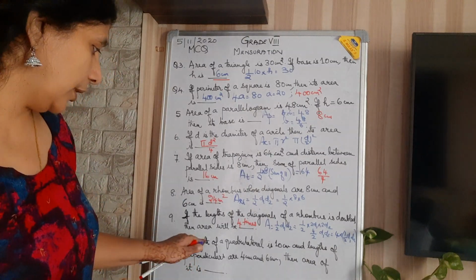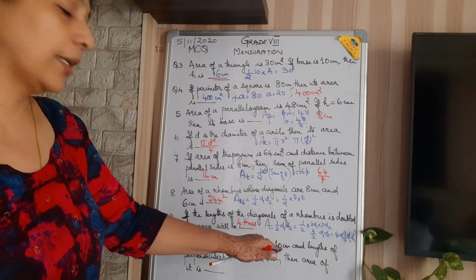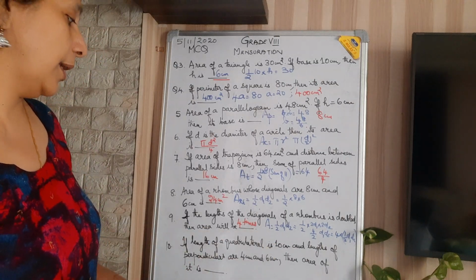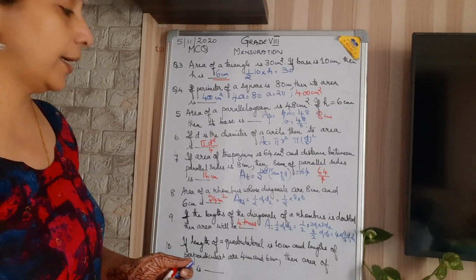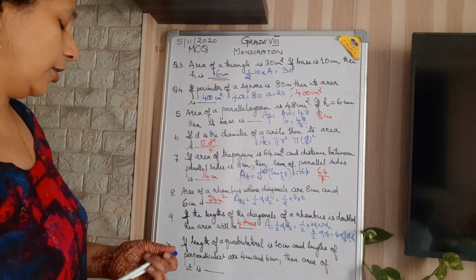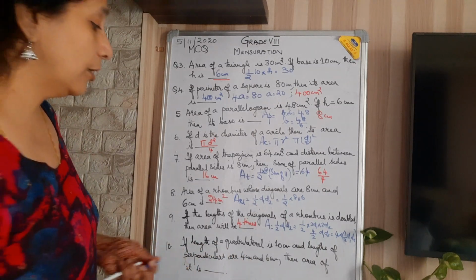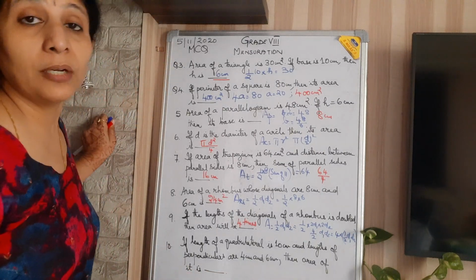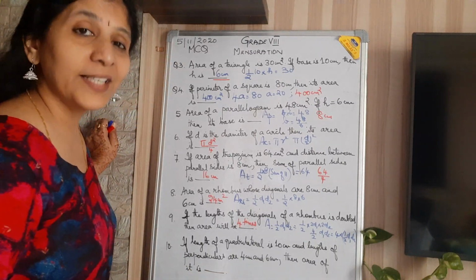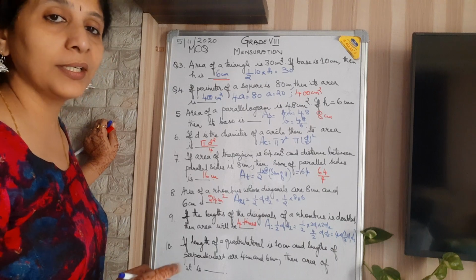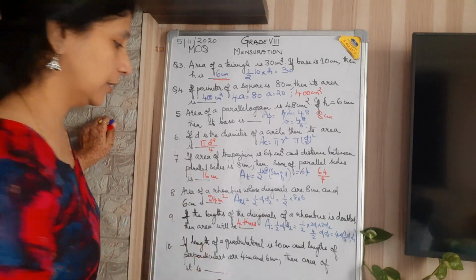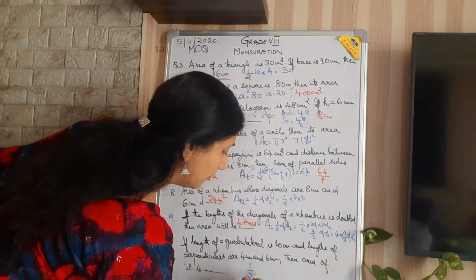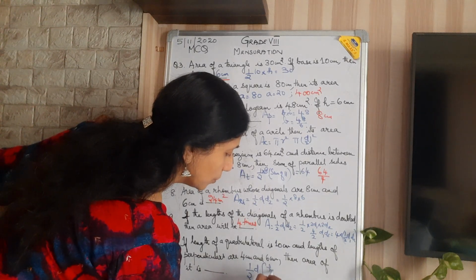Now the last question, if the length of the diagonal of the quadrilateral is 10 centimeter and the lengths of the perpendiculars are 4 and 6 centimeter, then find the area of the quadrilateral. What is the general formula for the area of a quadrilateral? The general formula is half d, that is the diagonal, with both the perpendiculars, so it is half d into h1 plus h2. Then what is given?